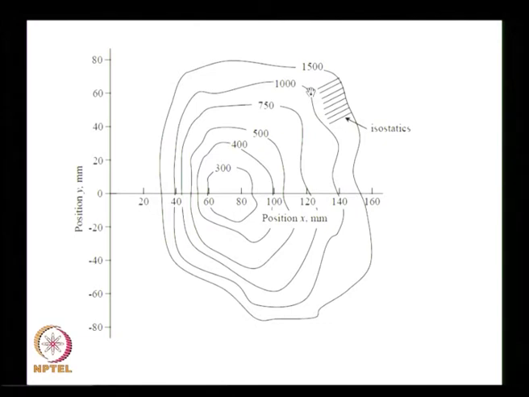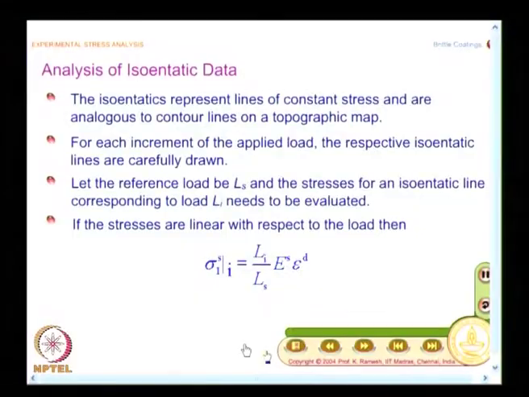This is what you have to keep in mind, because by increasing the load applied, you have to report the stress value corresponding to a particular given load. At that point, because it is stressed low, I had to apply a larger specimen stress for me to make the coating at that point fail, and we will look at that.